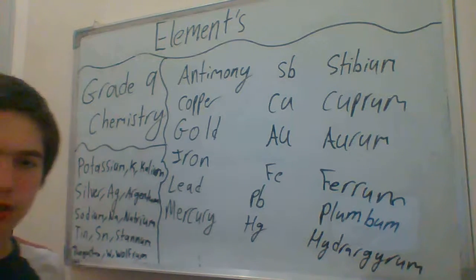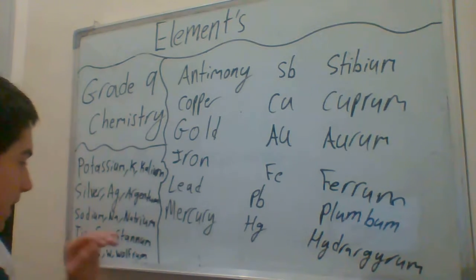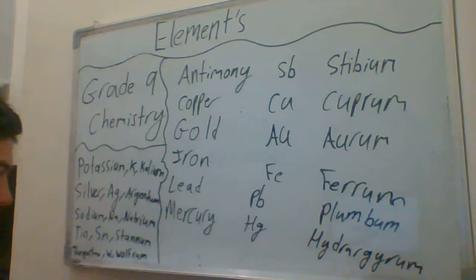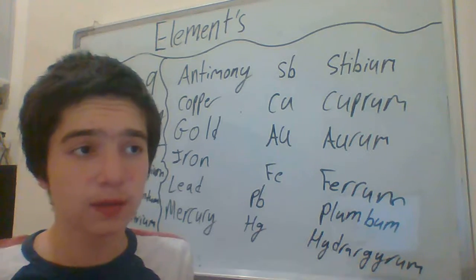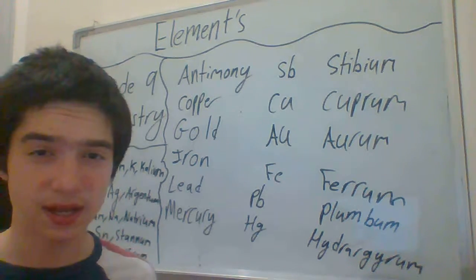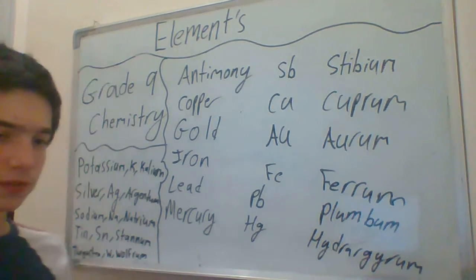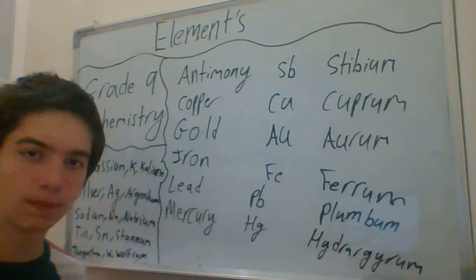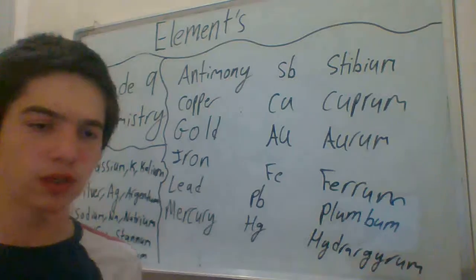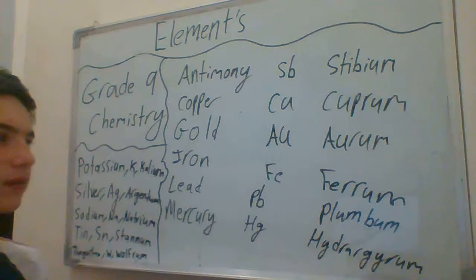Silver is Ag, argentum, and sodium Na. It's going to be natrium. Tin is Sn. It's going to be stannum, and tungsten, which is W. You can think about tungsten to memorize as wolf. Just remember the word wolf, and ram. Wolfram is for tungsten. Now those are the names and the old names of the elements.